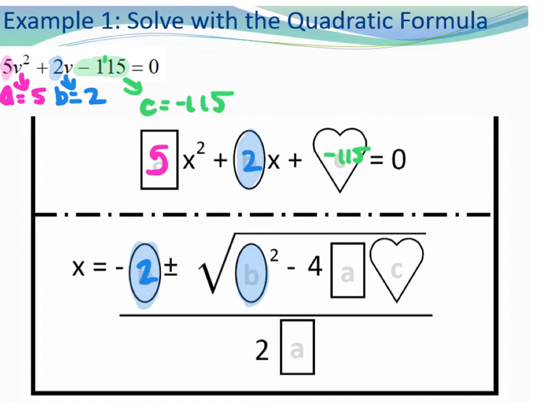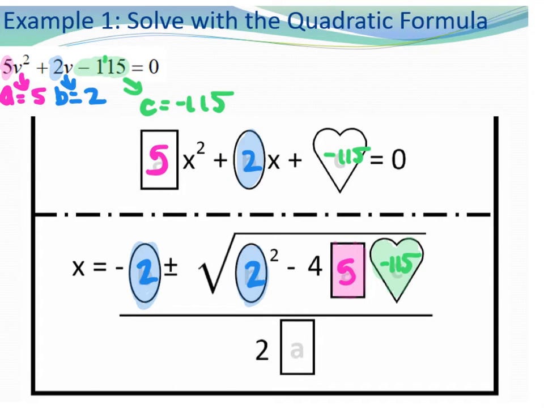So I can fill in a 2 as well. Minus 4 times the value of a, or a square, which looking above, we know the value of a is 5. So I can fill in a 5. Then it's times the value of c, which is the heart. And from looking above, the value of c is negative 115. So I can fill in a negative 115.